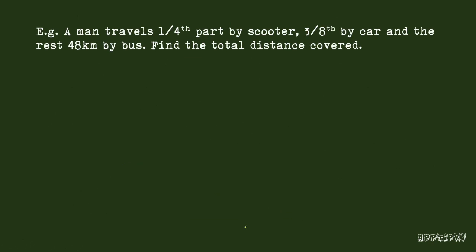Consider this example. A man travels 1/4 part by scooter, 3/8 by car and the rest 48 kilometers by bus. Find the total distance covered. So fraction related to rest 48 kilometers is 1 minus of 1 by 4 plus 3 by 8.